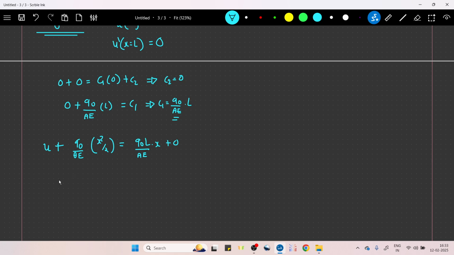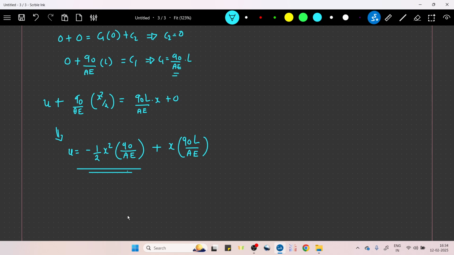So u is equal to minus 1 half x square times q0 by AE, plus x q0 L by AE. So this is our analytical solution.